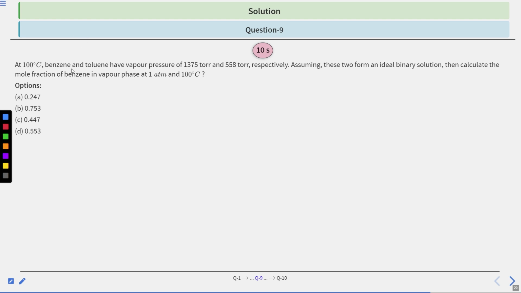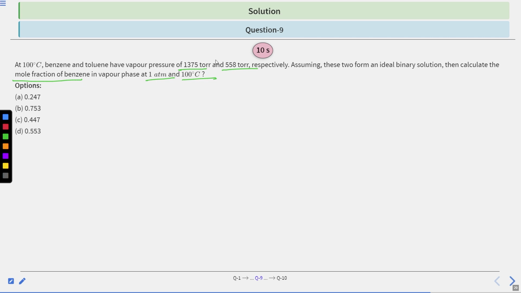At 100 degrees Celsius, benzene and toluene have a vapor pressure of 1375 torr and 558 torr respectively. Assuming these two form an ideal binary solution, calculate the mole fraction of benzene in vapor phase at 1 atmosphere and 100 degrees Celsius. So we have to calculate the mole fraction of benzene.